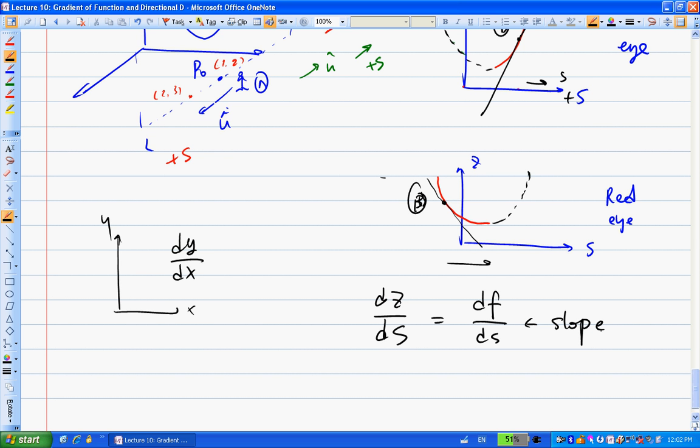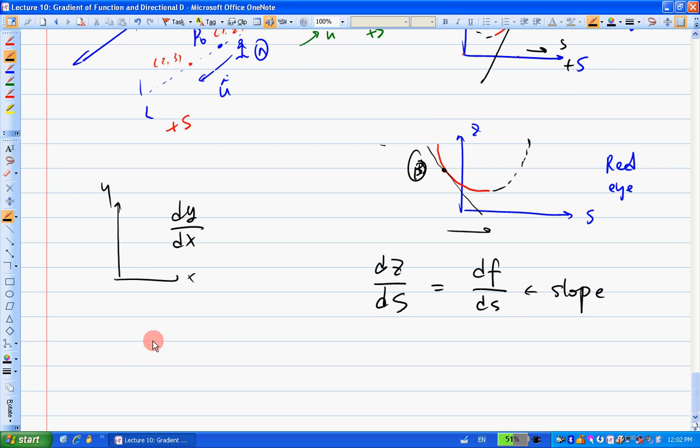Would that be all right? However, this is a special situation. Just df over ds doesn't give you all the information. The information here is that you're walking in a certain direction, u. That's what gives you the positive s direction. So instead of writing this, we'll write df over ds with the subscript u hat.